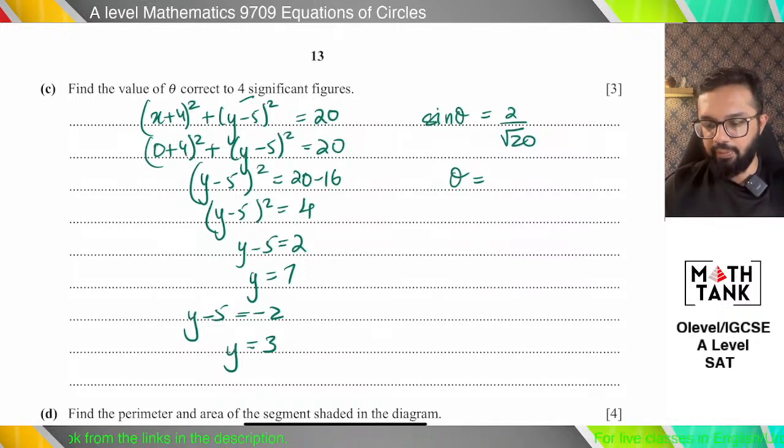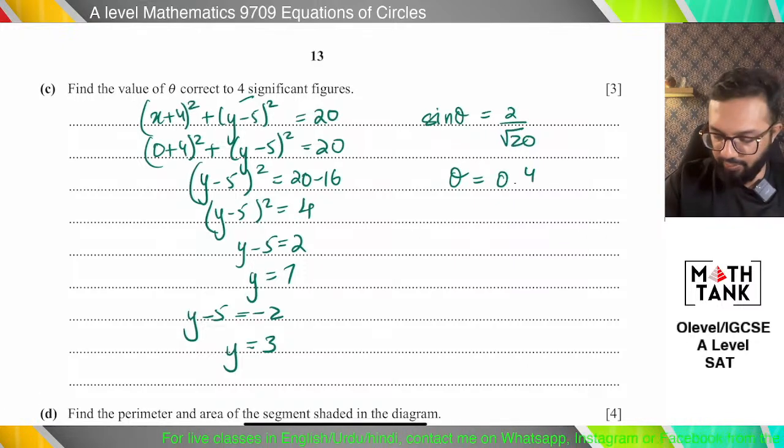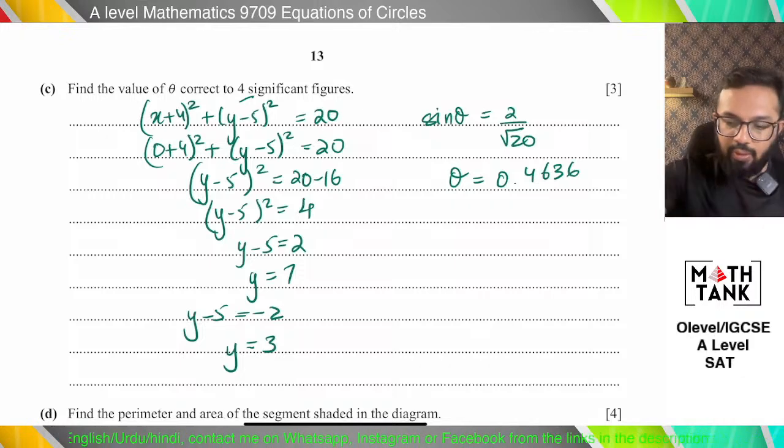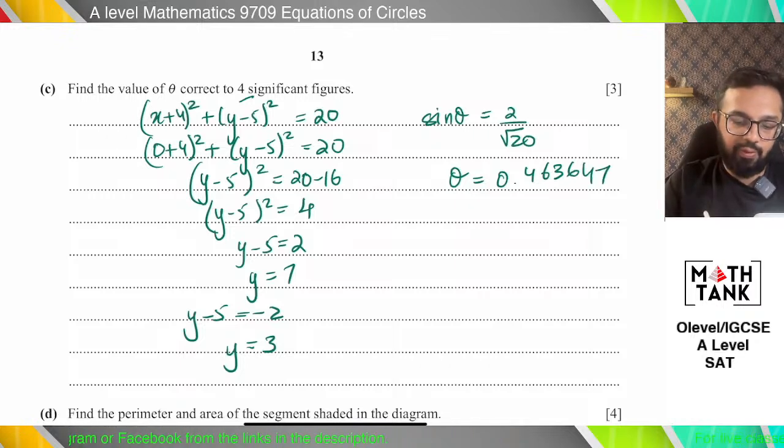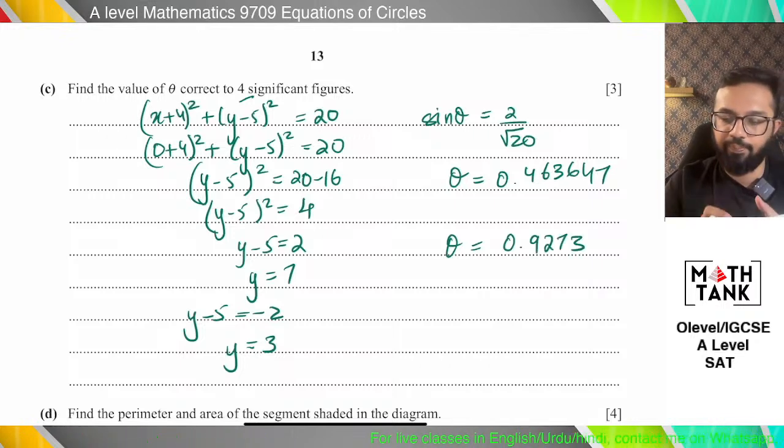Sine inverse of 2 over root 20. 0.4636. Okay, and since I need to multiply that by 2 as well, I'm going to first multiply by 2 and then write theta correct to 3 significant figures. So that's 0.9273.